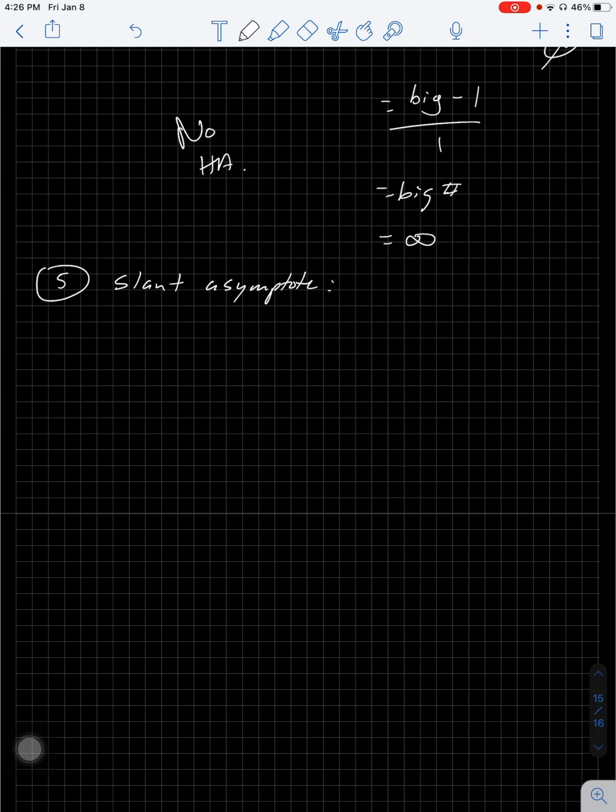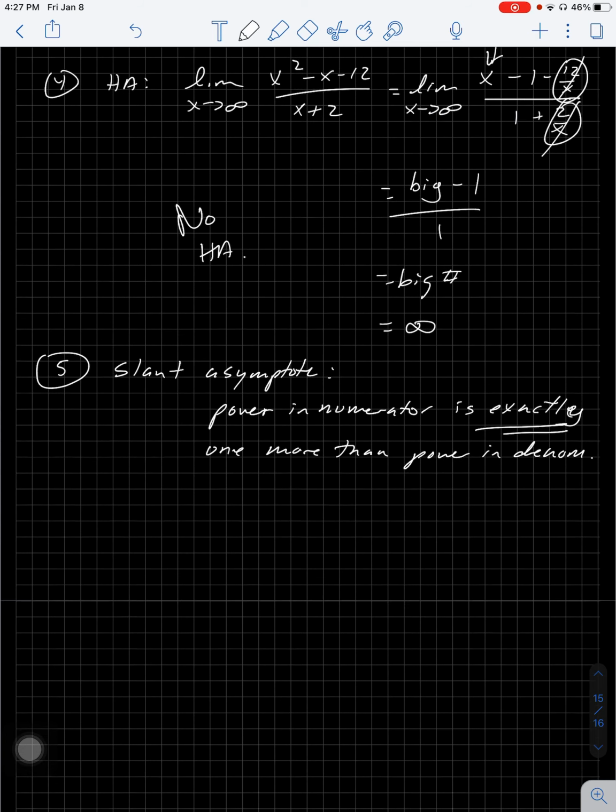It is possible to have a slant asymptote if the power in the numerator, the top, is exactly 1 more than the power in the denominator.